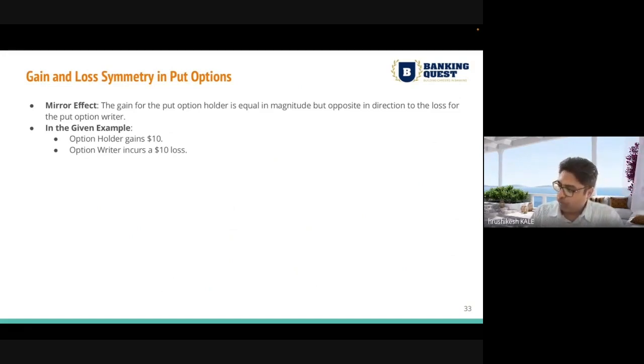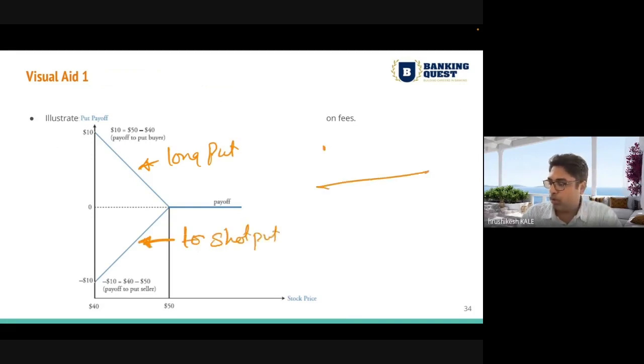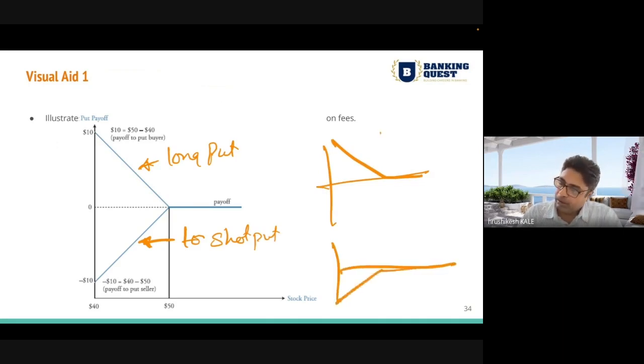Perfect. No questions. These are payout diagrams. This is long put. This is a payout diagram for short put. Now, I would request all of you to draw two separate diagrams so that you can understand it. This is long put. This is short put. And this is your exercise price.